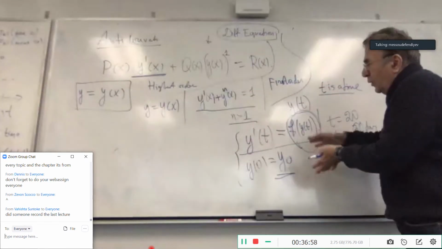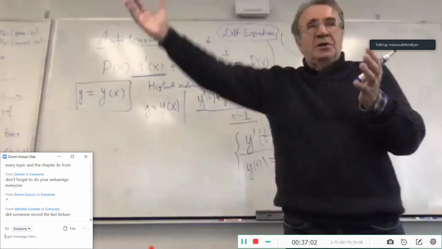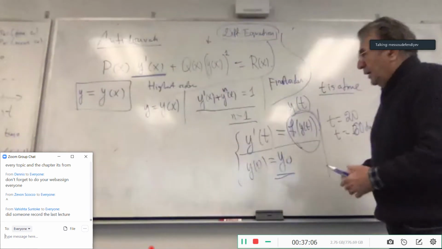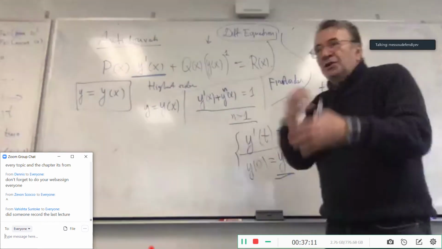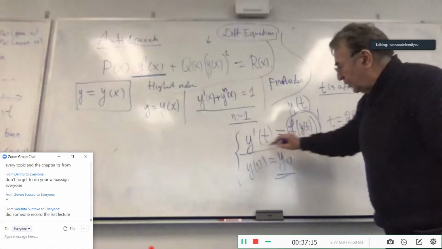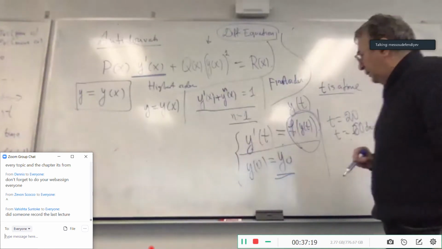Now, I am speaking for your futures: if you will deal with mathematical modeling, all of this process is described by a differential equation. It will be ordinary. Ordinary means that your unknown function depends on only one variable.